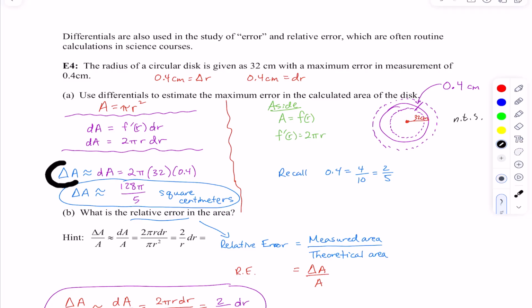Now the actual change in area is approximately this theoretical change. So we'll go ahead and substitute for this theoretical change. Notice 4/10 is simply 2/5, and when you do that, you get this fraction here that indicates an approximation for the change in area, which is approximately 128 times pi over 5 square centimeters.